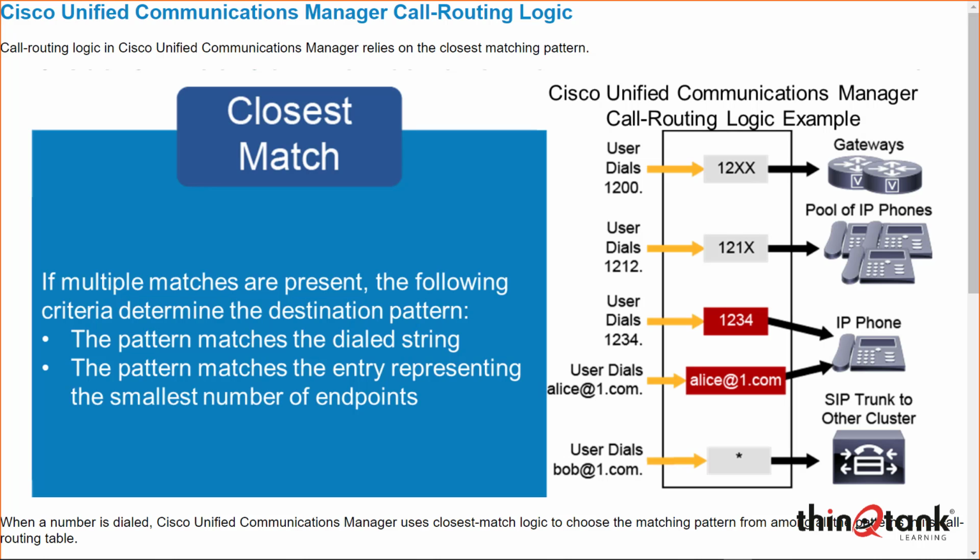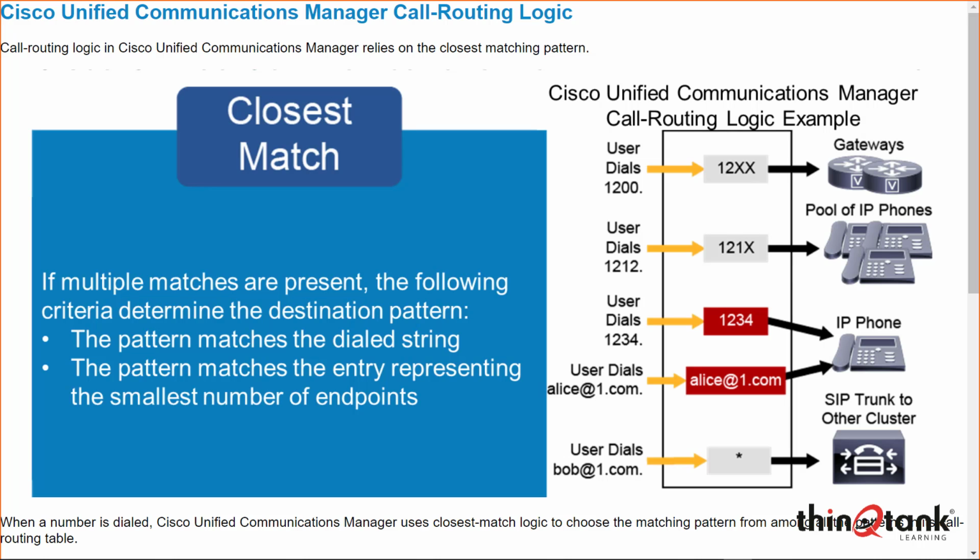Search space is an ordered list of partitions, and we'll get into that a little bit later on. We always do closest match, so even if I search the other partitions, I'm going to do that closest match routing. Now, if there are overlapping pattern matches, then I would use the first available one in the first partition.